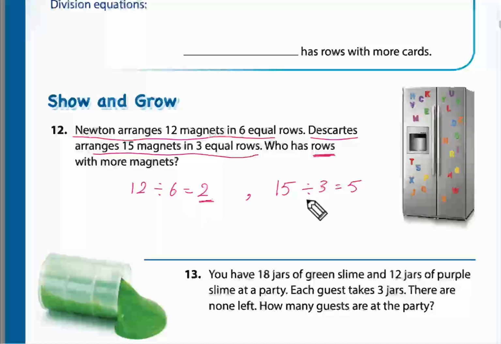The first one or the second one? So Descartes, the second one, has more in each row, right? So the answer should be Descartes. So we write Descartes has more in each row. Okay, thank you, Hussein. Great work.